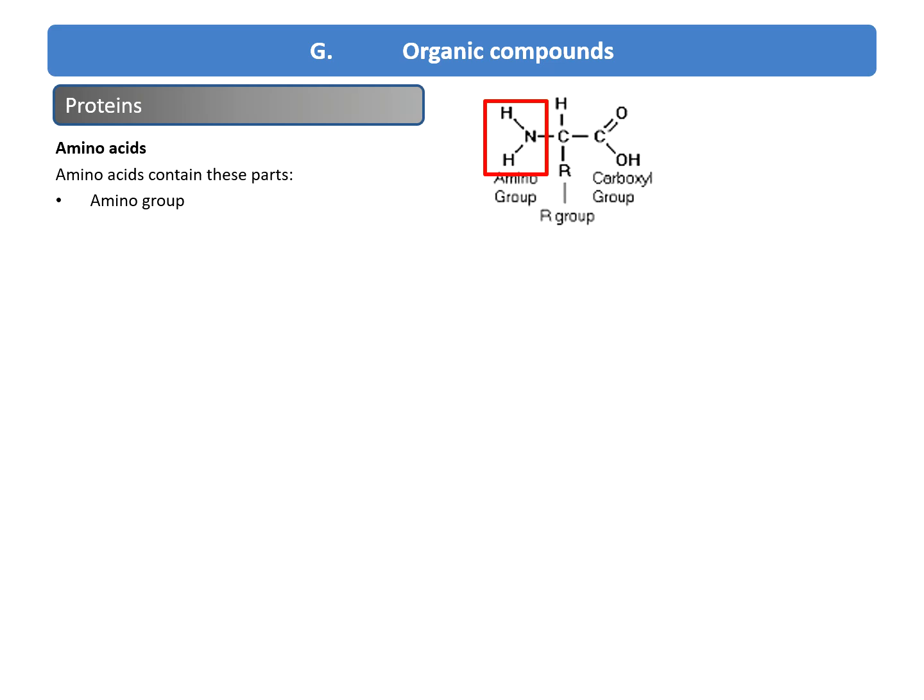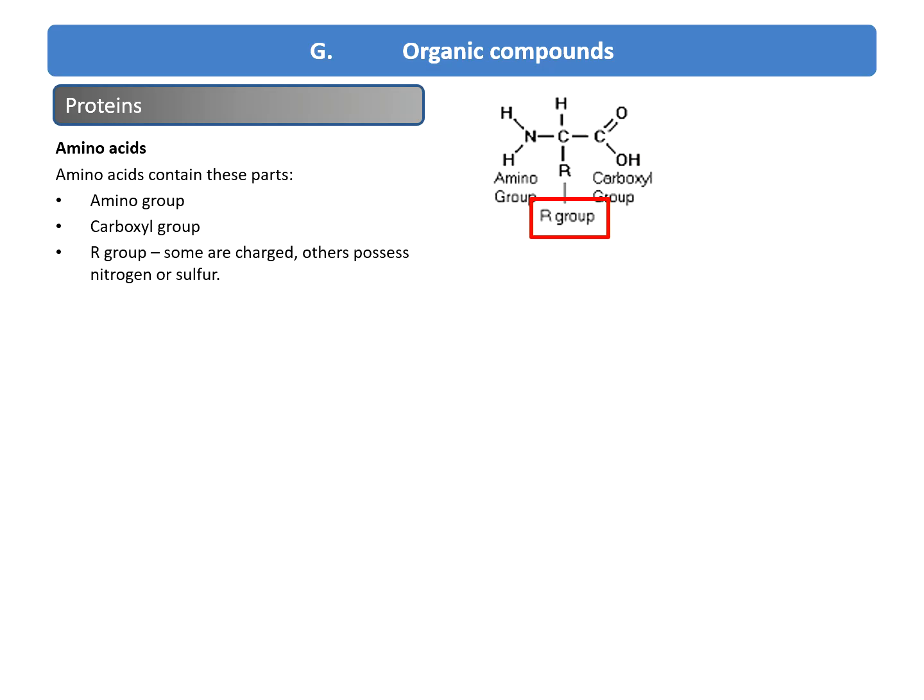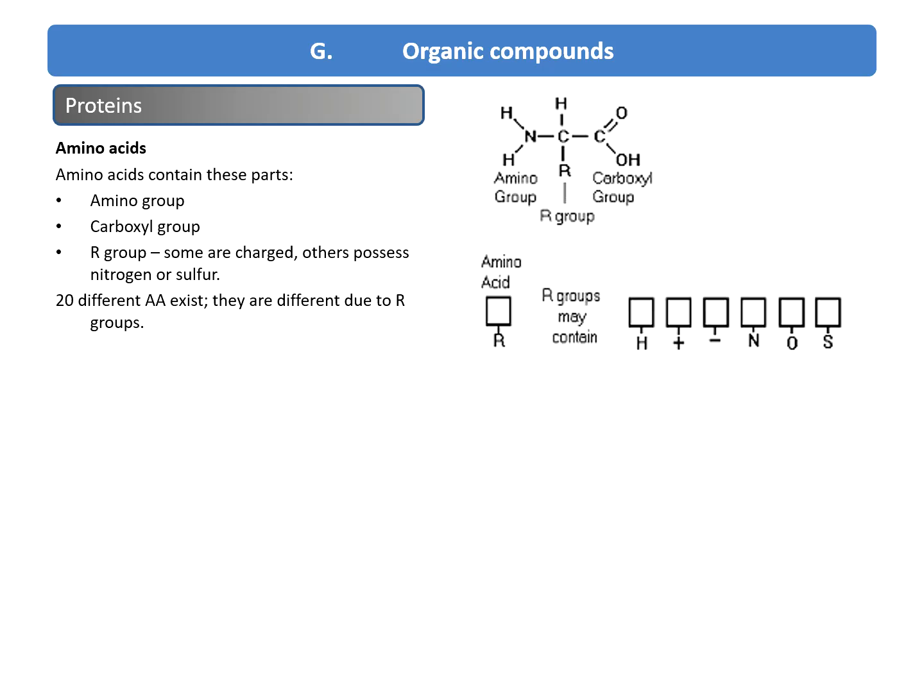Amino acids contain these parts: an amino group attached to one end of a central carbon, a carboxyl group attached to the other side of the carbon, and the rest of the molecule called an R group. R groups come in a variety of forms, some containing nitrogen or sulfur, some containing positive and negative charges.